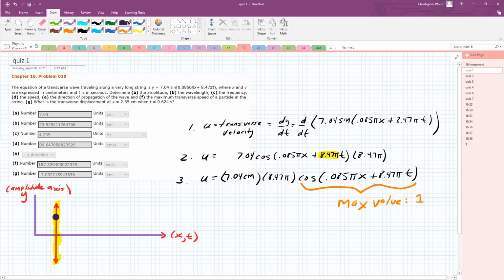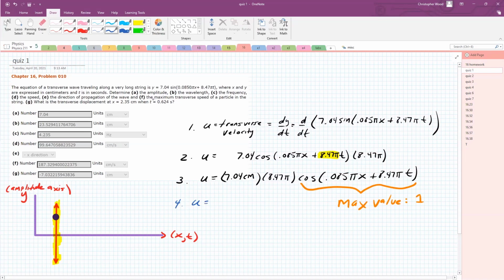So whatever this argument is to the cosine function, cosine can at most have a value of 1. So if that equals 1, this is what we're after. We're after what's known as the transverse amplitude speed, or the maximum.